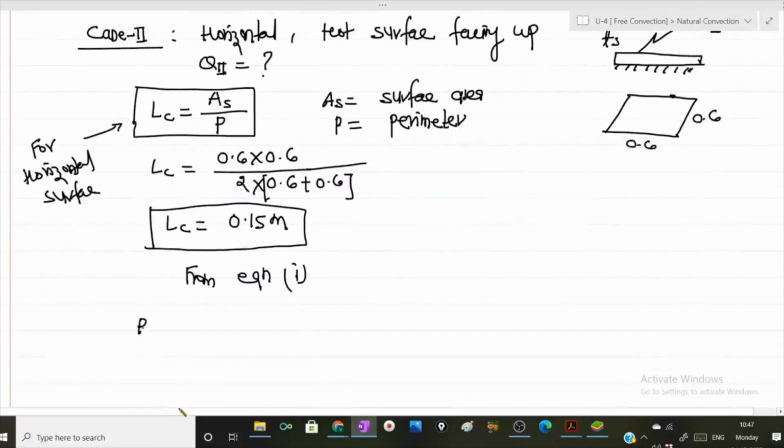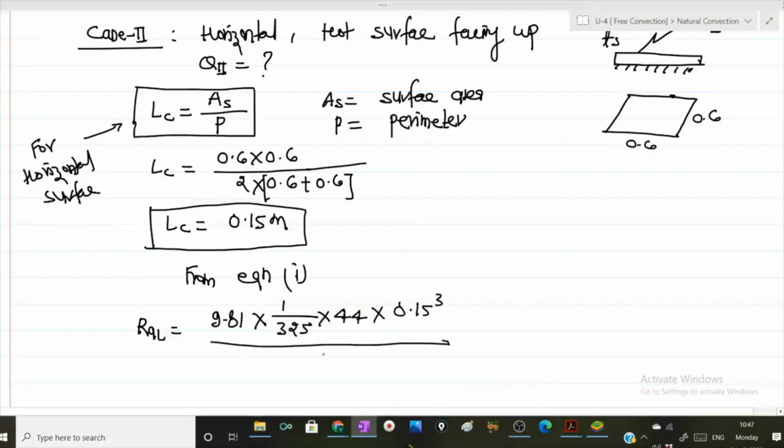So RaL is 9.81 into 1 over 325 into 44 into 0.15 (Lc cube) over (18.15 into 10 to power minus 6) whole square into 0.6976.